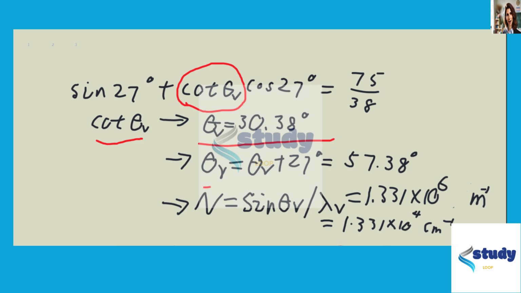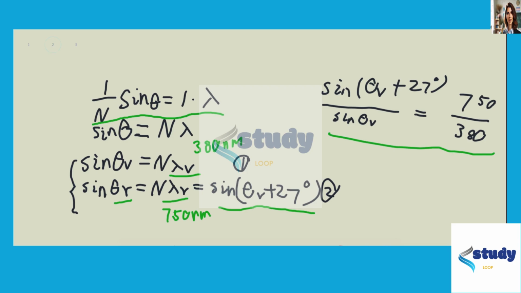So we also get theta r equals 57.38 degrees. And then we go back and find the relation between sine theta and the number n.